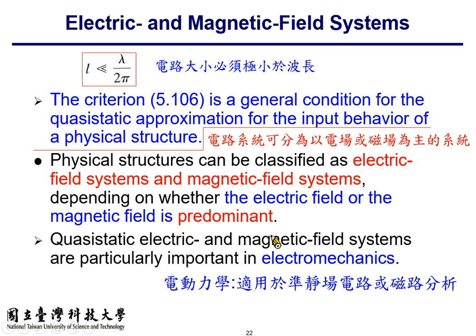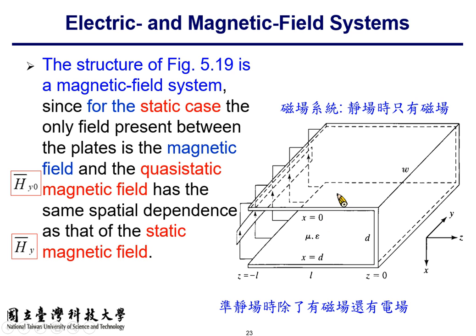For example, for this particular structure, a parallel plate with an end plate connected, if you apply a current source within this structure, if the current source is static, which means the amount of current is the same all the time, then you have only magnetic field within this structure. Therefore, it's referred to as a magnetic field system.